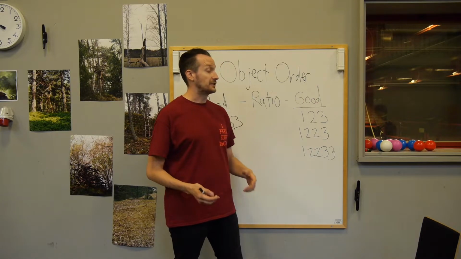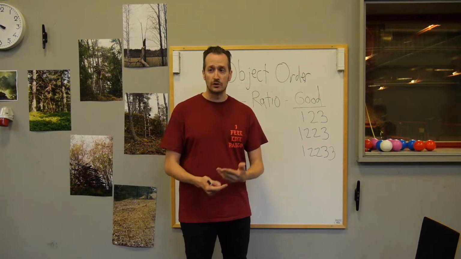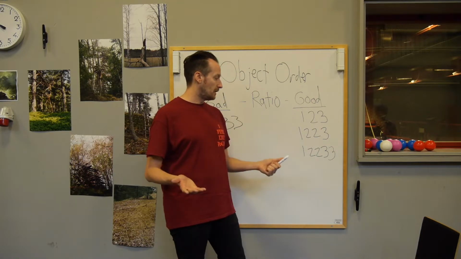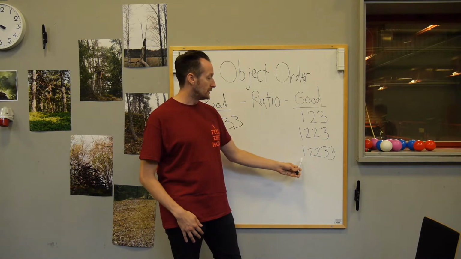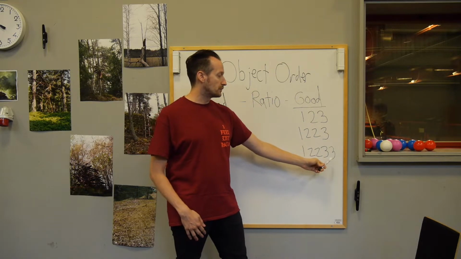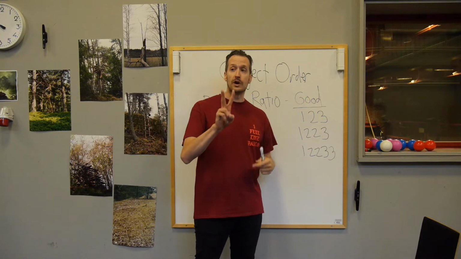So, I suggest you start with 3 balls. Of course, you can do 3 of any objects you want. But 3 balls, and I want to try to do the ratio of the object order, 1, 2, 2, 3, 3, and I want to do that through 2 times.